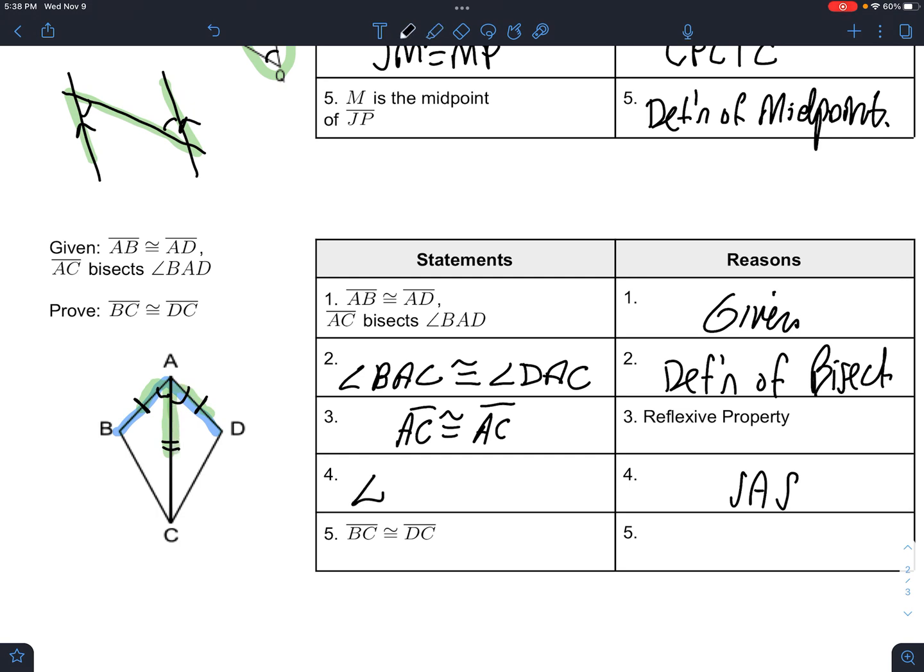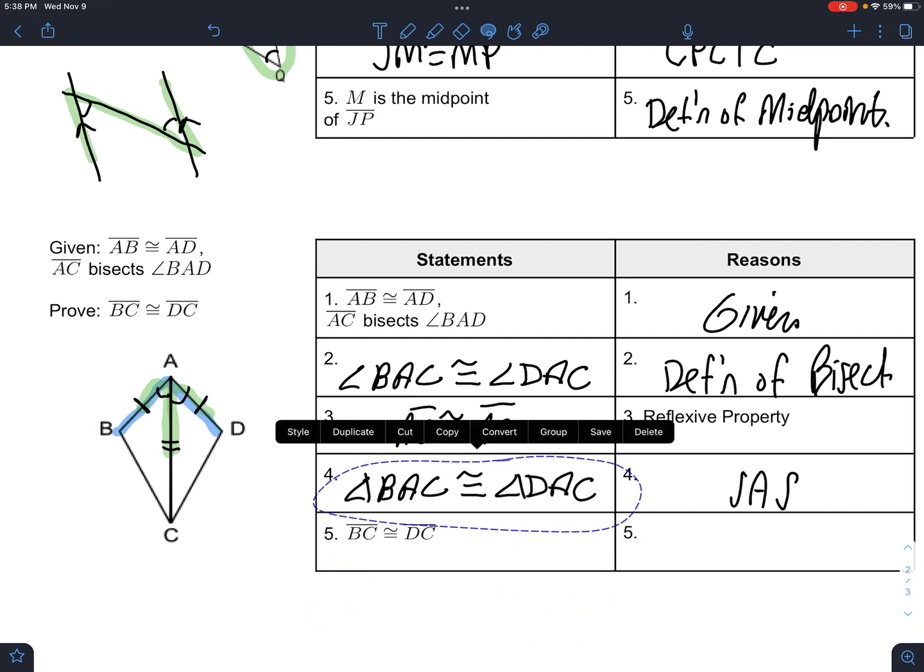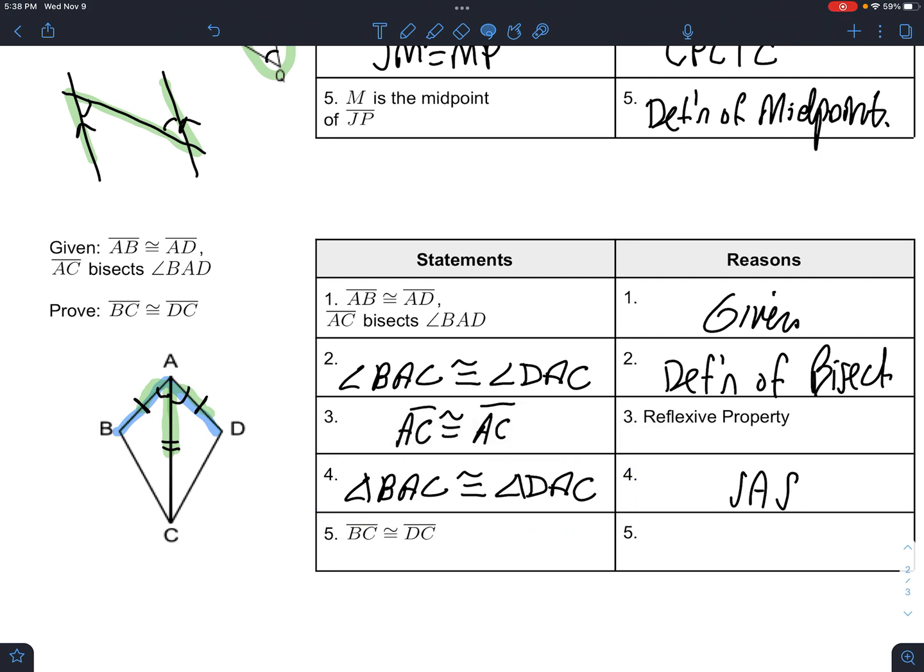So that means that I'm just going to copy and paste this, right? Change these to triangles. And because I was careful in my choice of letters before, I think that would be a fair congruent statement. So sometimes you can do that if you're careful with your angles. Great. So triangles are congruent.